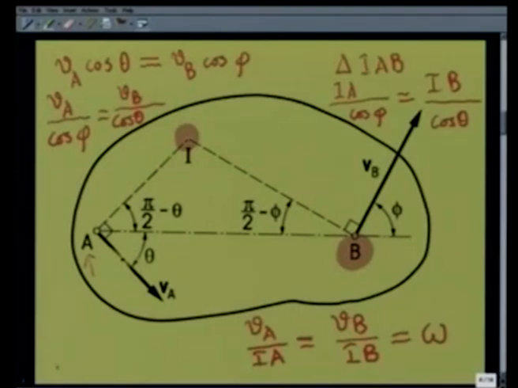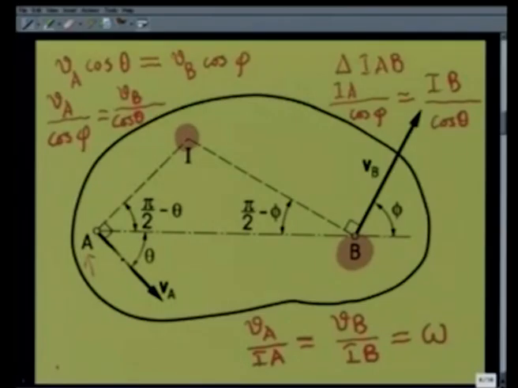So, the velocity of I along Ia is also 0, because the relative velocity of A and I along Ai is 0. Velocity of A along Ai is 0. Velocity of I with respect to A along Ai is also 0.